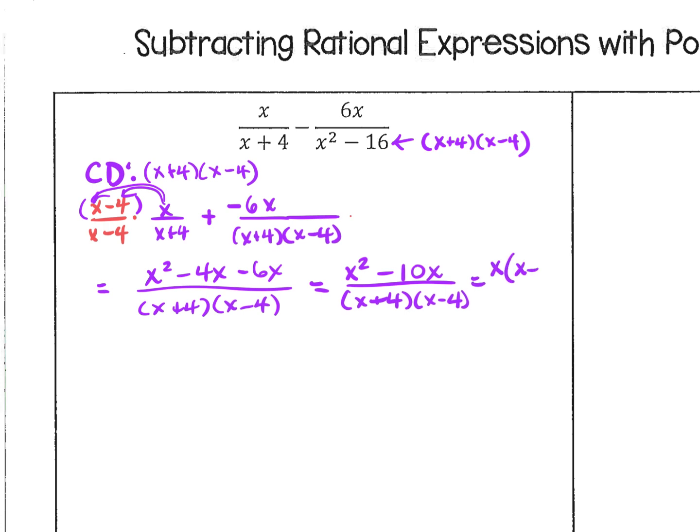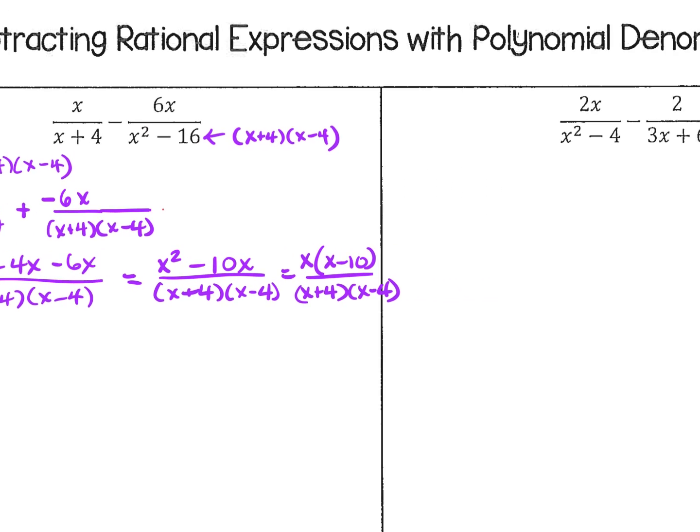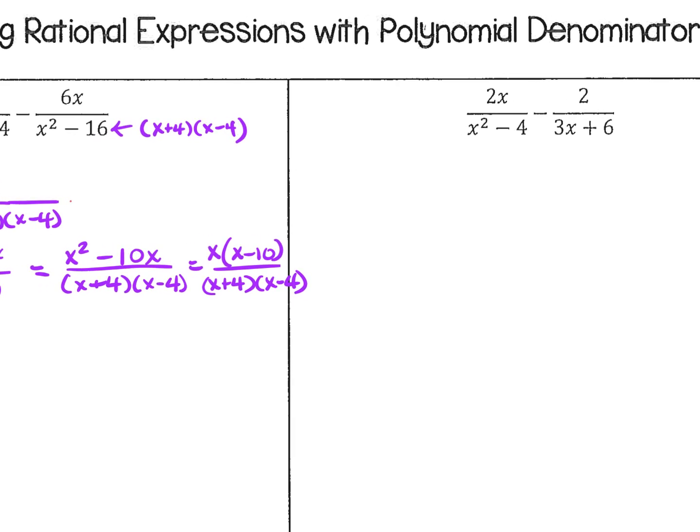So x times x minus 10, right? There are no common factors, so we'll just leave it like this. Let's look at one more of those, and then we'll talk about solving.